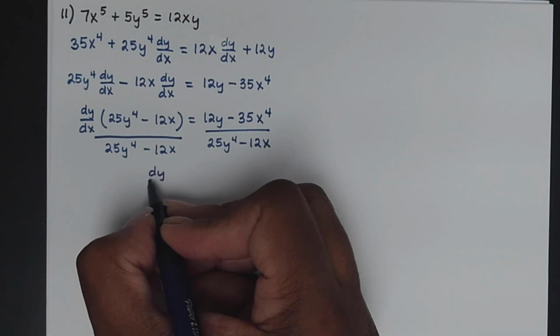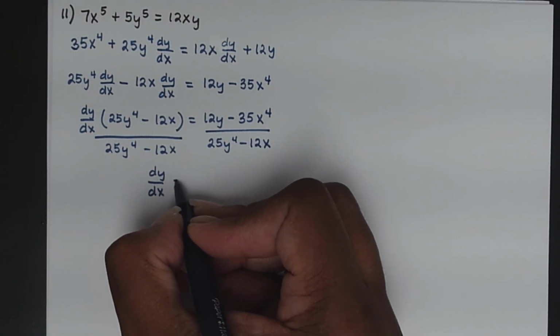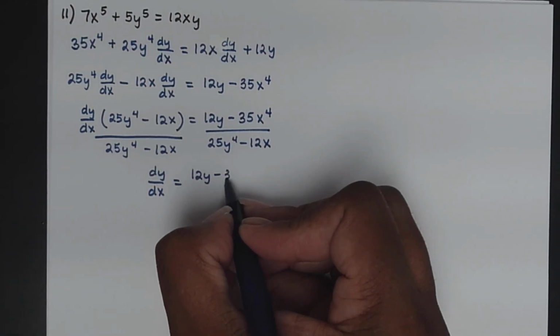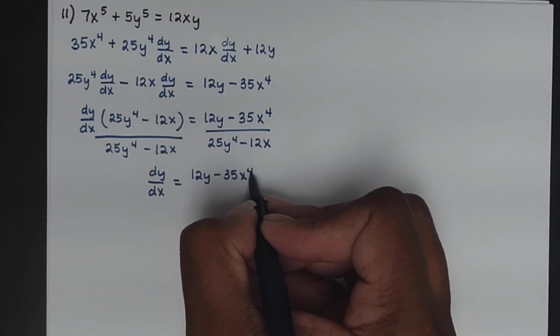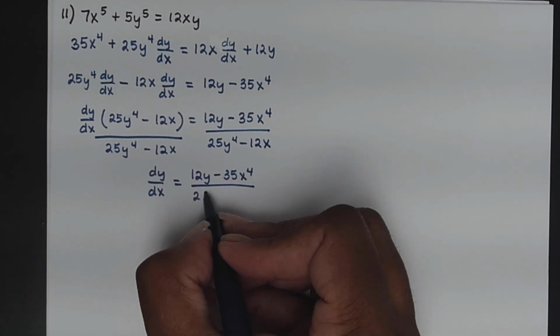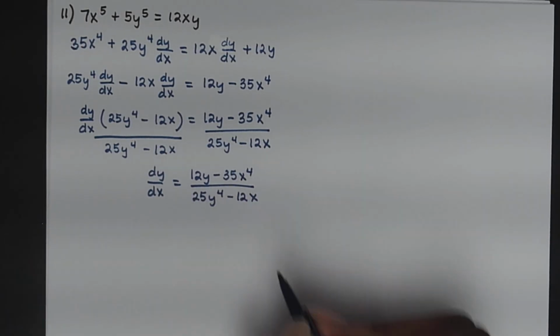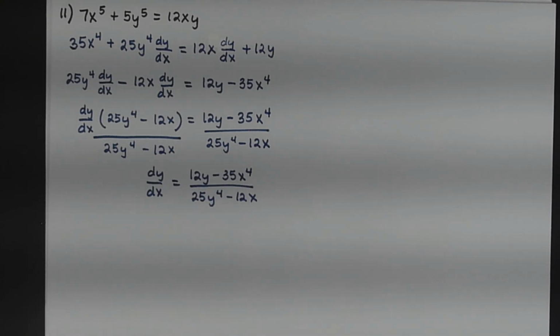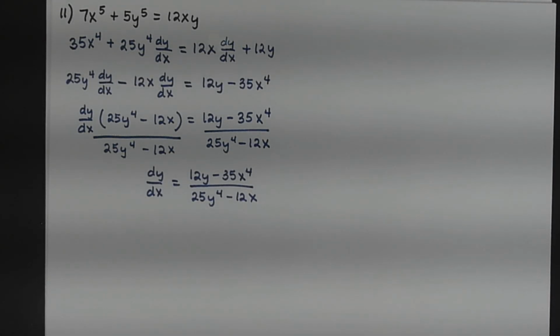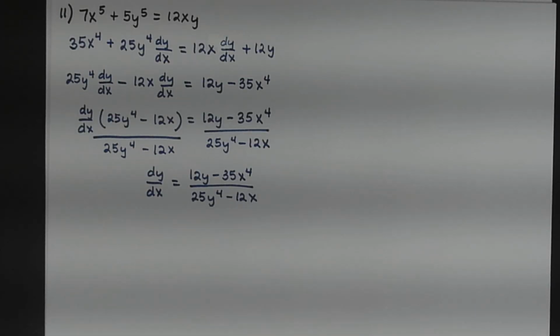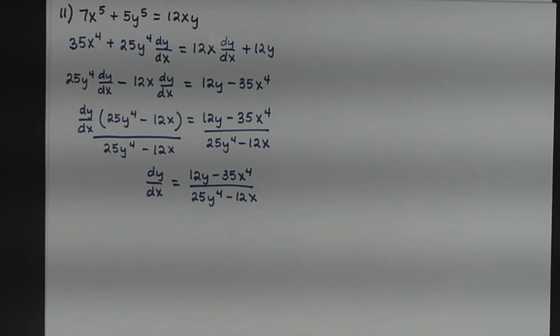So that means dy/dx will be equal to just that, 12y minus 35x to the fourth, all divided by 25y to the fourth minus 12x. So that's how we take the derivative of that equation using implicit differentiation.